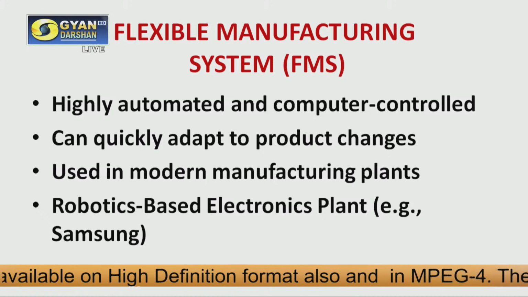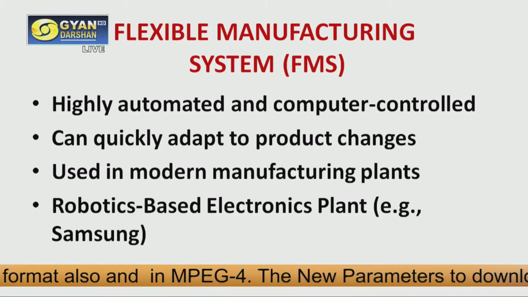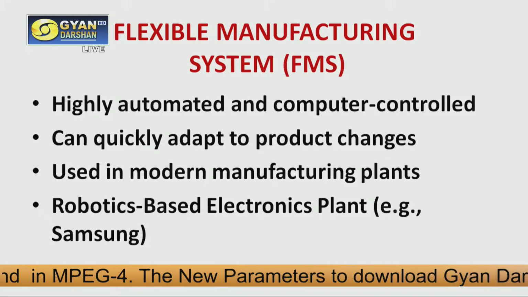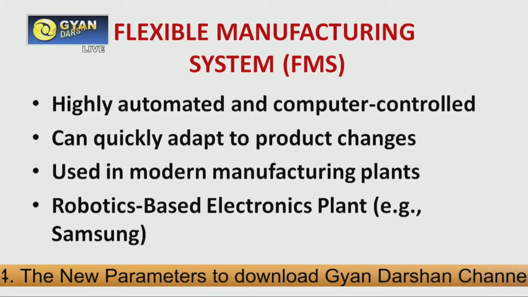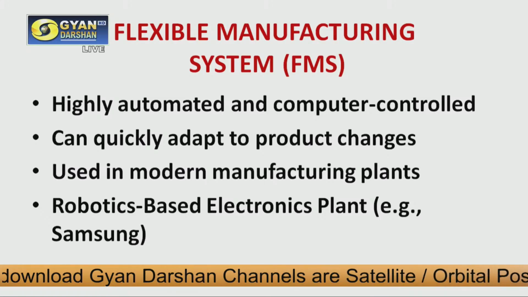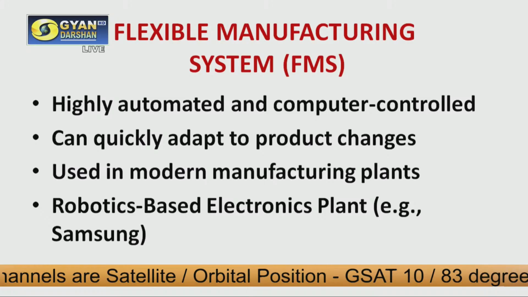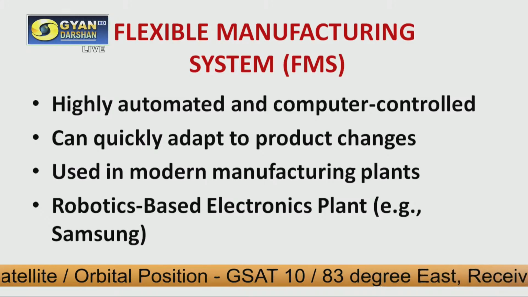They are using the flexible manufacturing system, because in a conventional system we have to set the machine regularly for each and every operation, while a flexible manufacturing system takes care of the product.